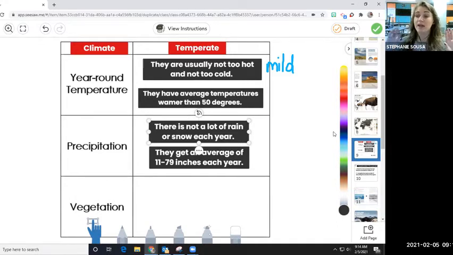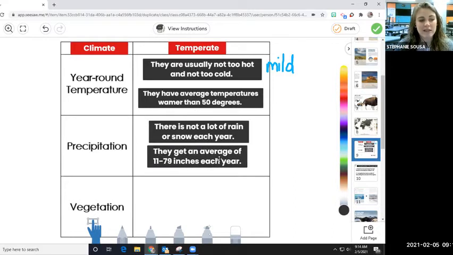Yes, we get a lot for our area, but it's not a lot when you look at the whole world. We get an average of 11 to 79 inches each year. So that's a little less than a foot to anywhere between 7 and 8 feet, and that's over a whole year, not at once.